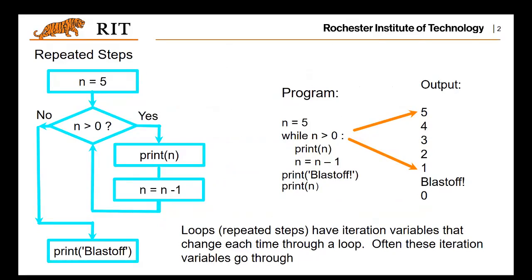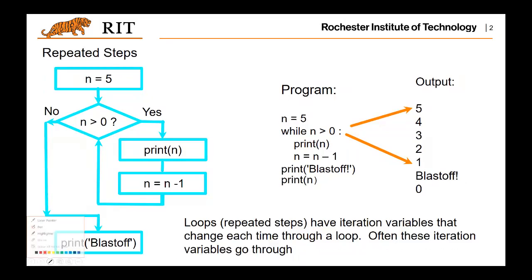Turns out you can usually use it to scan an array or a set of data from the very beginning to the end. That's what a loop does. And as you can see here, here is a typical case for a loop.